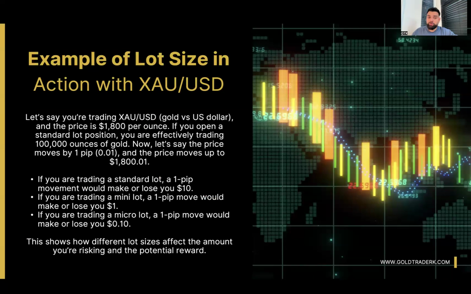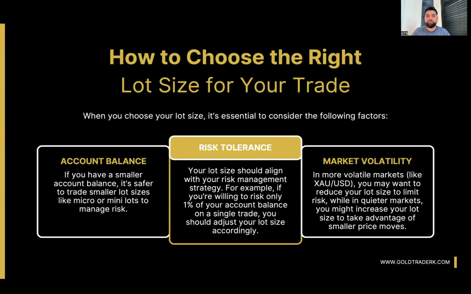If you're trading a standard lot, a 1 pip move will make or lose you $10, as mentioned in the previous slide. If you trade a mini lot, the profit or loss will be $1. Micro lot, 10 cents. This shows how different lot sizes affect the amount you're risking and the potential reward.